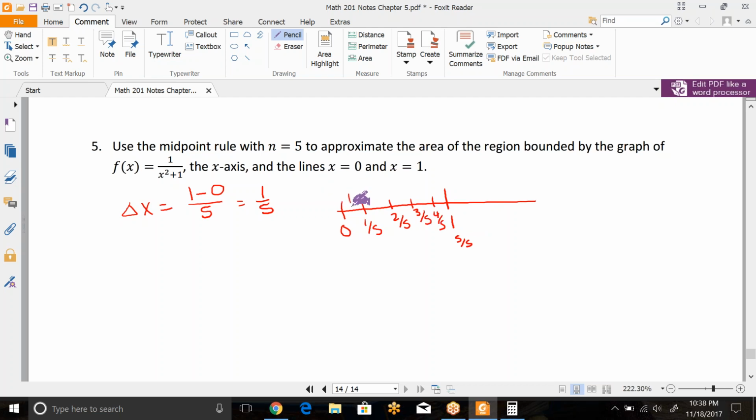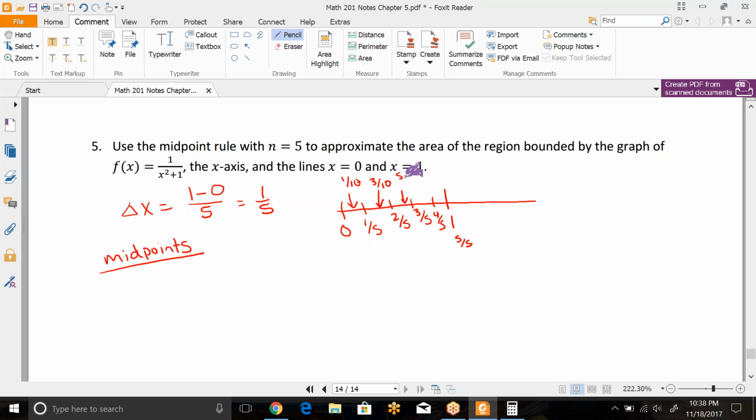The midpoints of each of these, which is what we need for our formula: imagine taking the two endpoints, adding them, and dividing by 2, which is going to make all the bottoms 10, because you're doubling 5. So 0 plus 1 is 1, over 10. 1 plus 2 is 3, so you're going to see a pattern. This is 3/10.